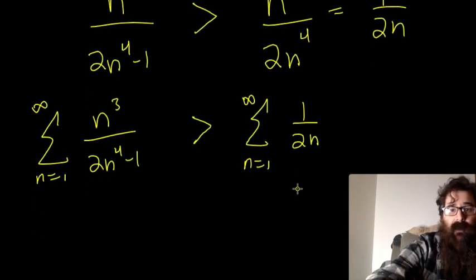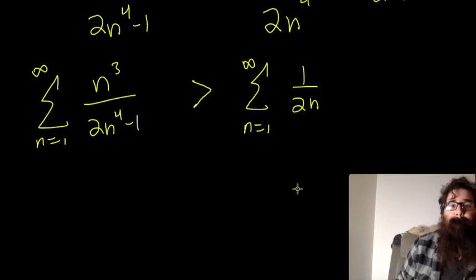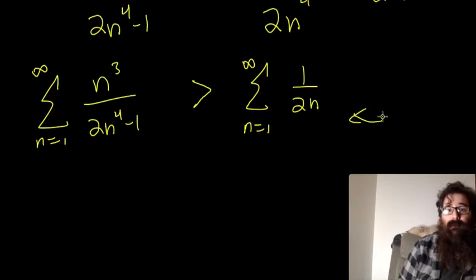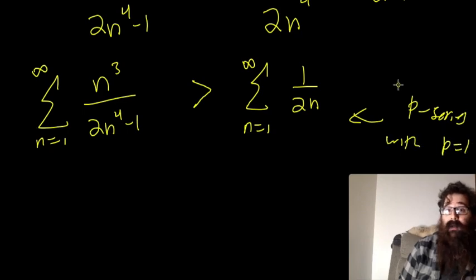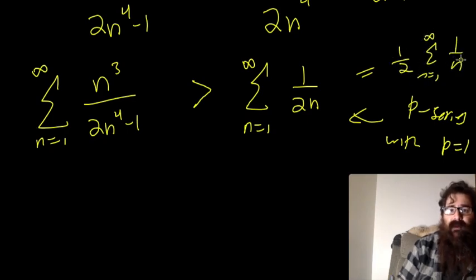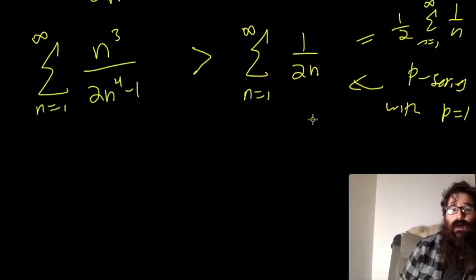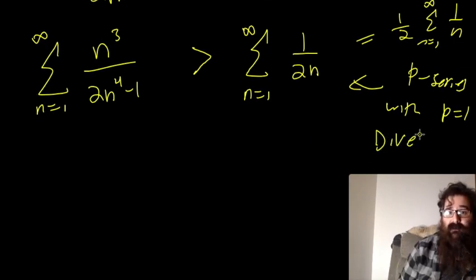Term by term, move by move, bit by bit. But what is this? This is also a p-series with p equals 1. And again, you can bring that coefficient out if it's bothering you. Say 1/2 times the sum from n equals 1 to infinity of 1 over n. It's a p-series with p equals 1, which is divergent.